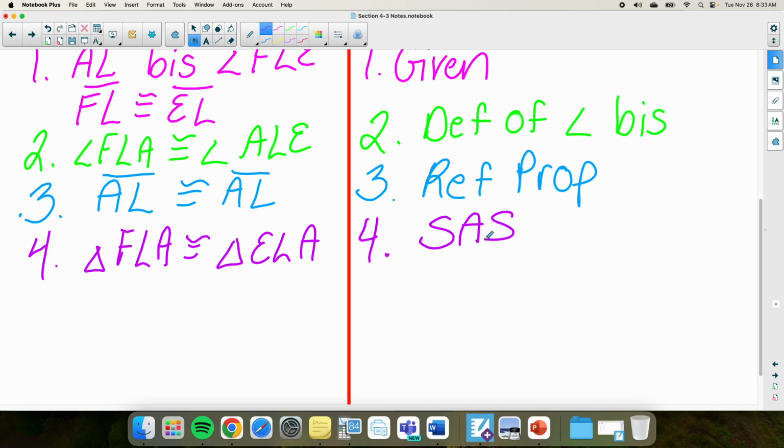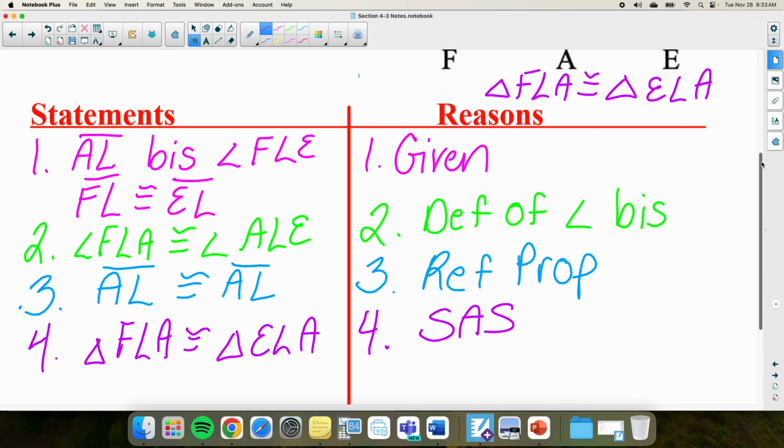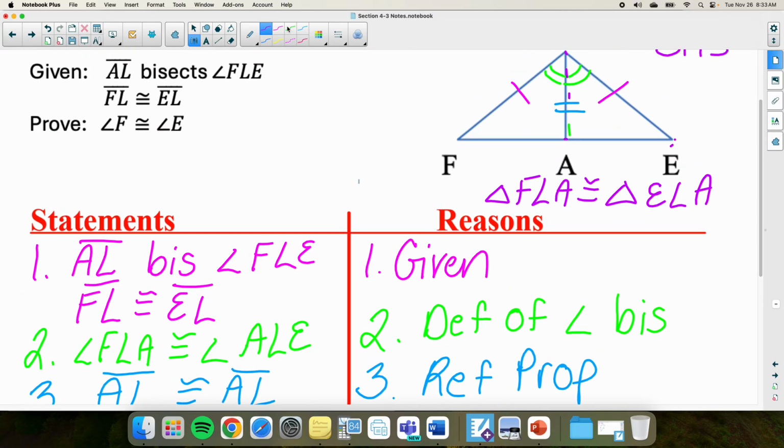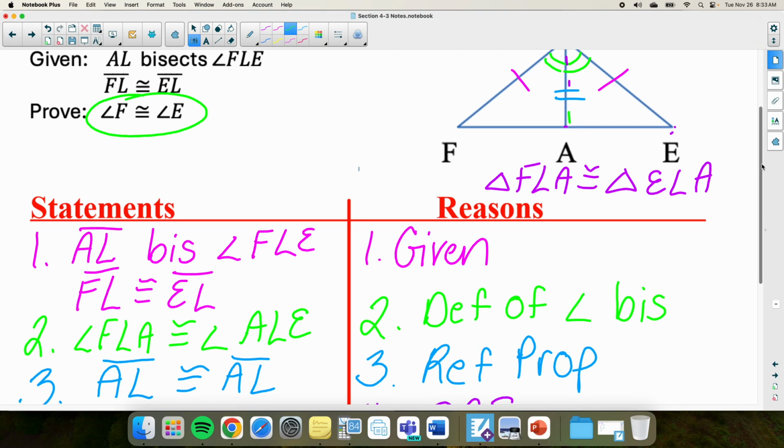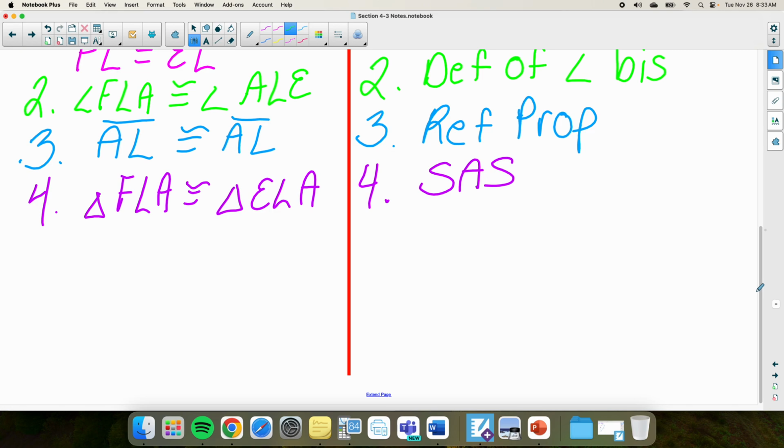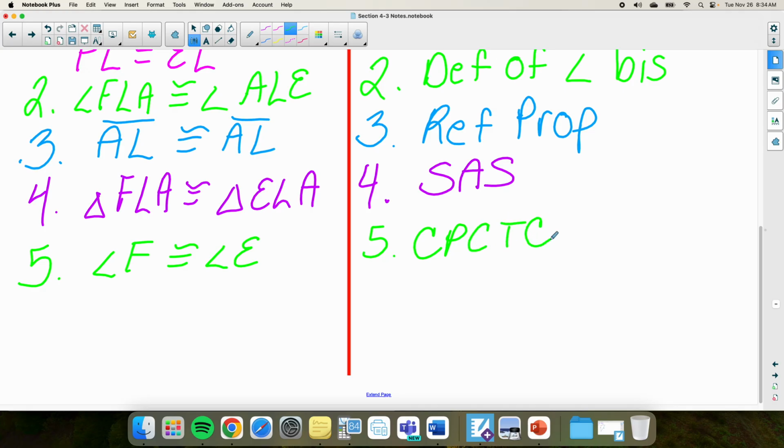but we're not done, because if you remember, what we want to do is prove that angle F is congruent to angle E. So now, after I show my triangles are congruent, I can say angle F is congruent to angle E by CPCTC.